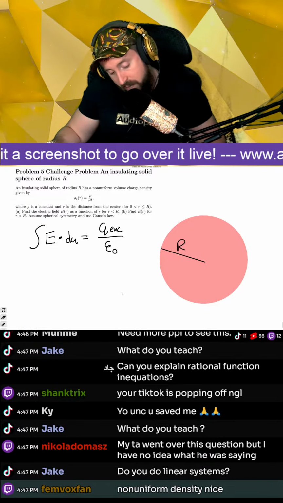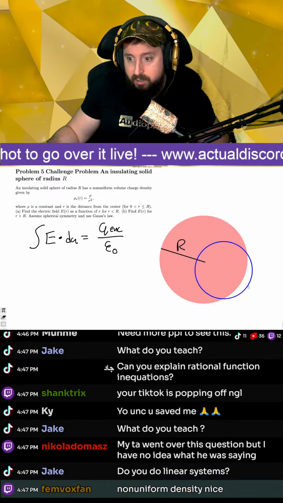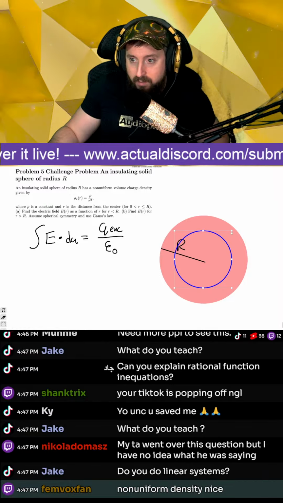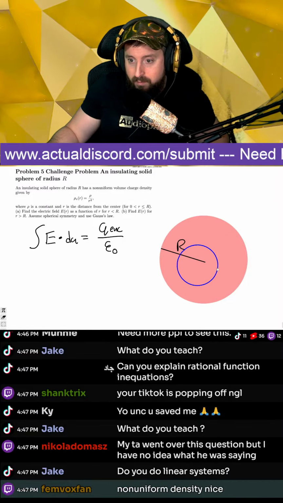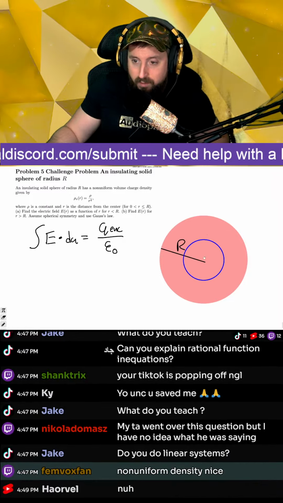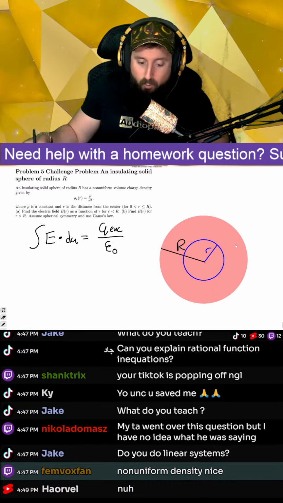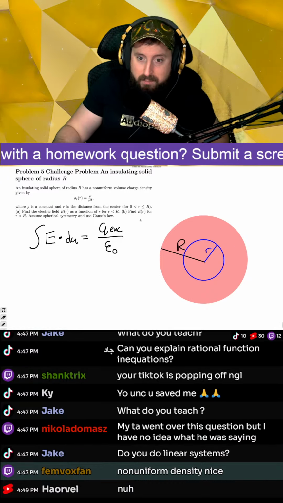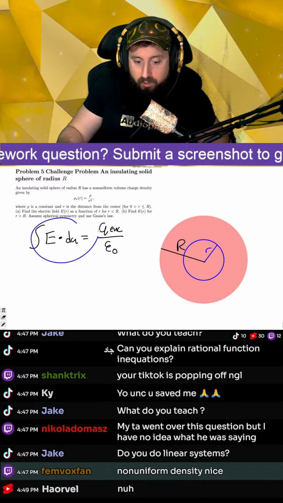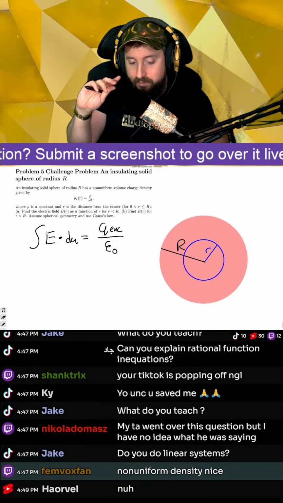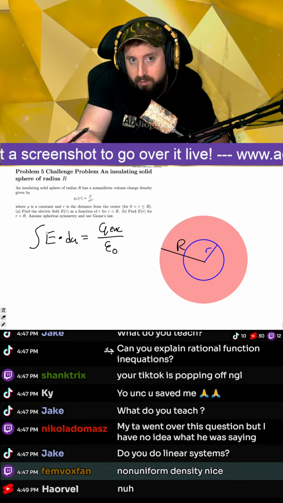So what essentially I'm doing here, Nicola, is I'm going to start creating these inside spheres that are going to have some radius little r, and we're going to look at the amount of charge they enclose, and what the electric field dotted with the surface area would be.